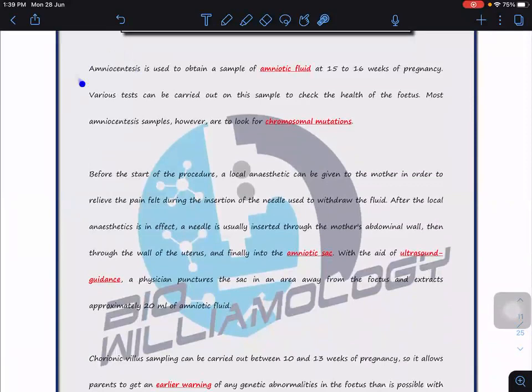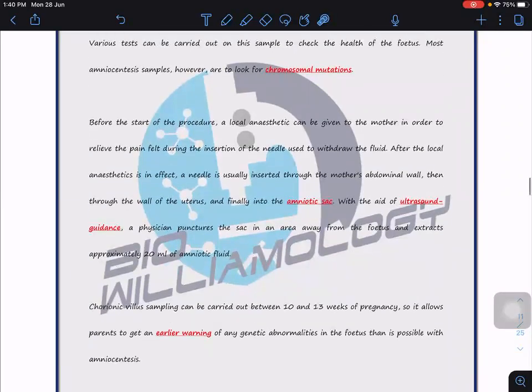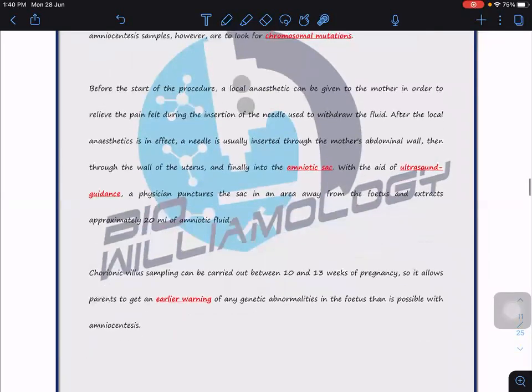Amniocentesis takes place about 4 months after pregnancy, at 15 to 16 weeks. We check for chromosomal mutations, entering the amniotic sac with ultrasound guidance. Chorionic villus sampling can be slightly earlier, at about 2.5 to 3 months of pregnancy, so it gives an early warning.